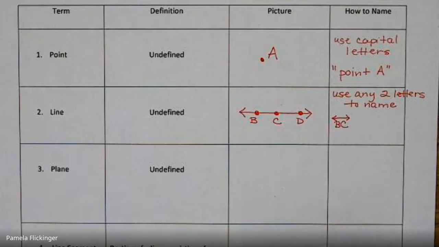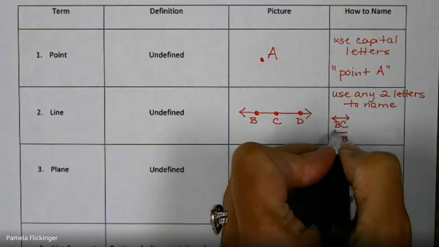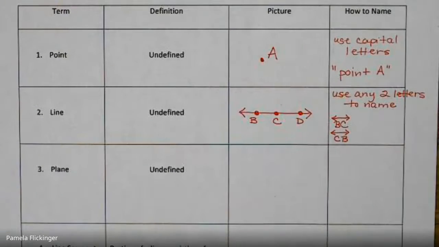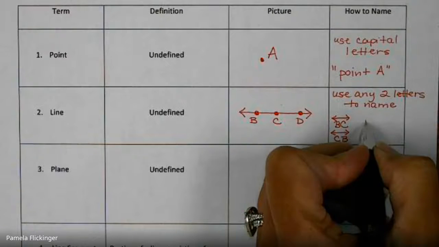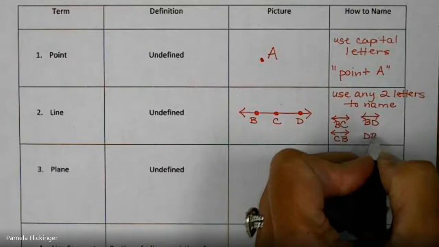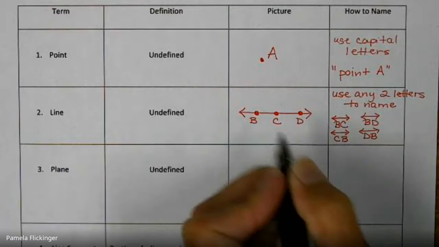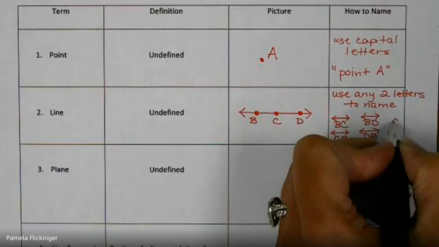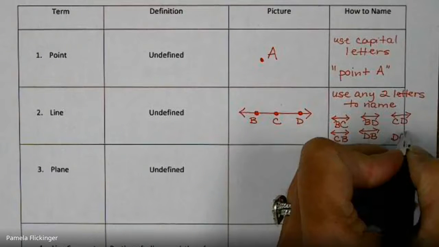It'll be a straight segment with arrows at both ends. All right, if you reverse the letters, line CB, that's acceptable as well. Okay. We might grab B and D. And then, of course, reverse it. And then, of course, we have maybe C and D. And reverse it.